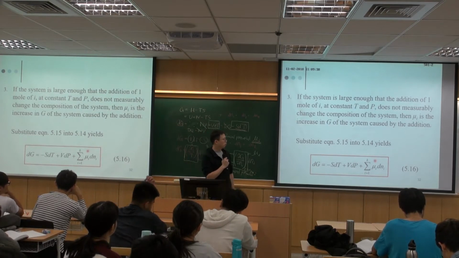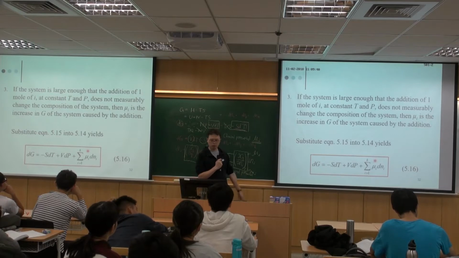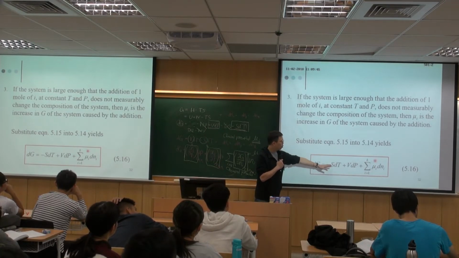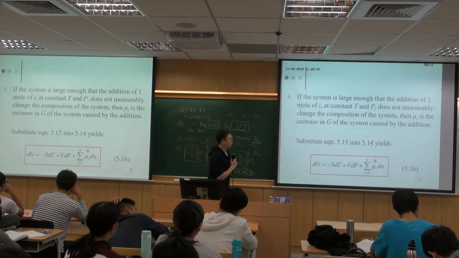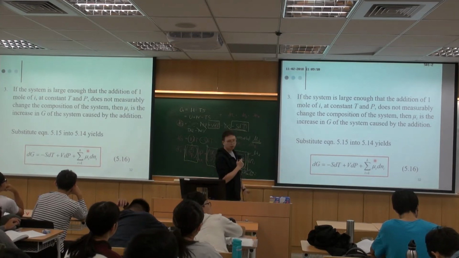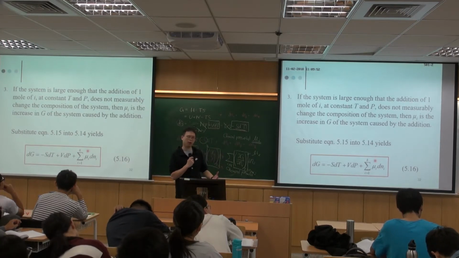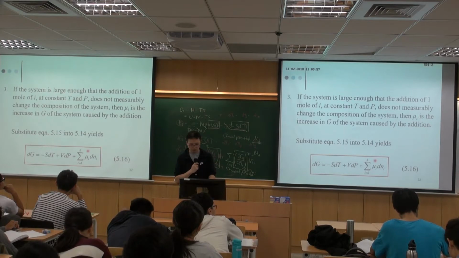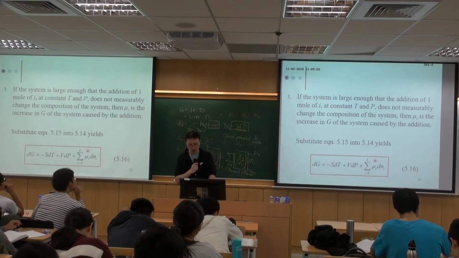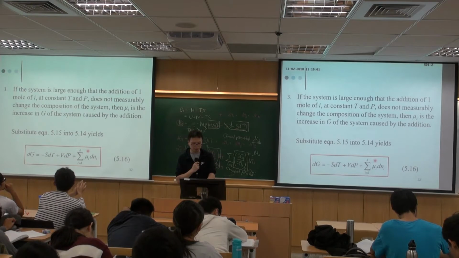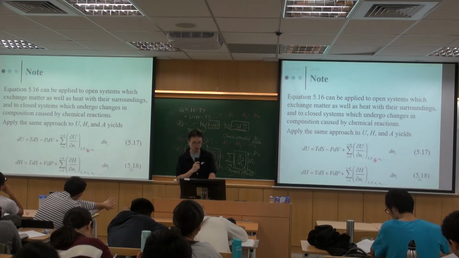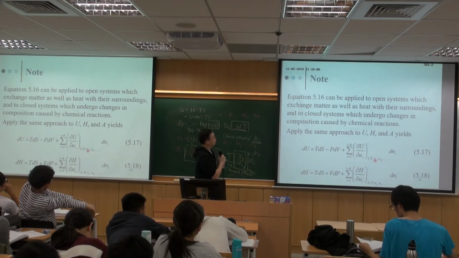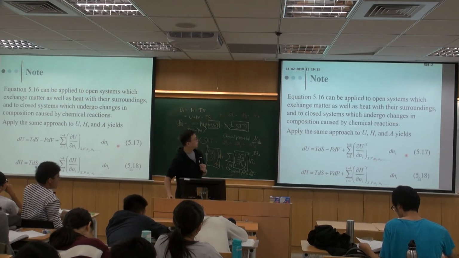So in my opinion, of course you can memorize this, but like I mentioned earlier, these are very simple to derive. And for the last term, you only need to memorize that if you have chemical change or composition change, you have to add this extra term, depending on how many species of chemicals you have in your system. And an interesting note is that this equation can be applied to open systems.